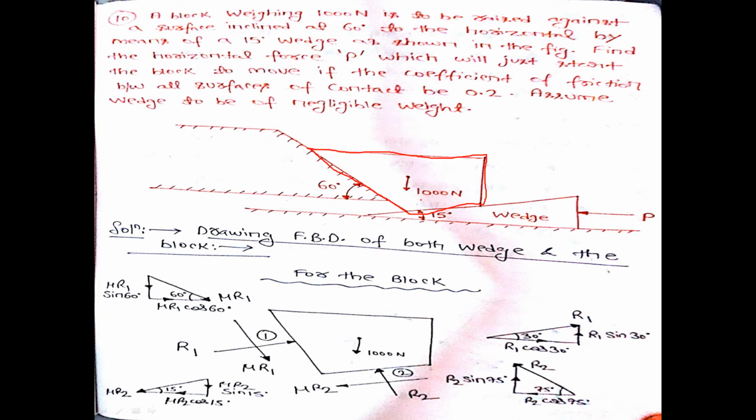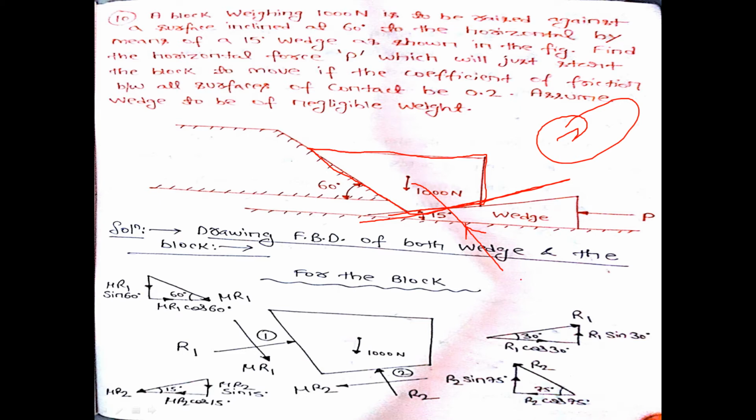The block is in contact with this wedge, say at this surface. This surface is nothing but your second surface. So this wedge will give a reaction back to this block in this direction, that is nothing but your N2, or R2, say R2.